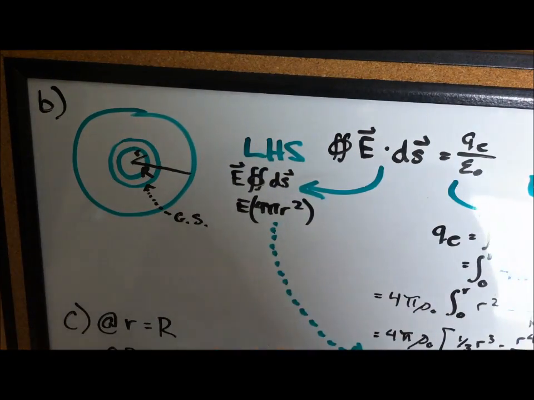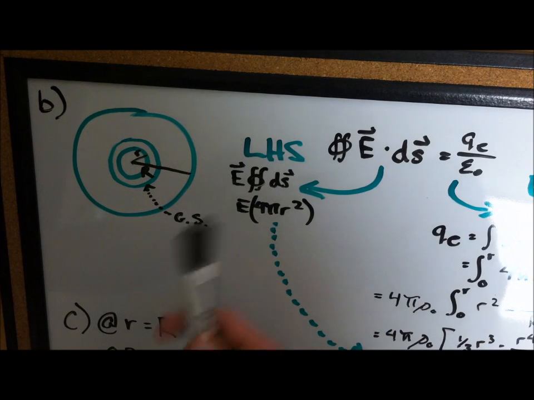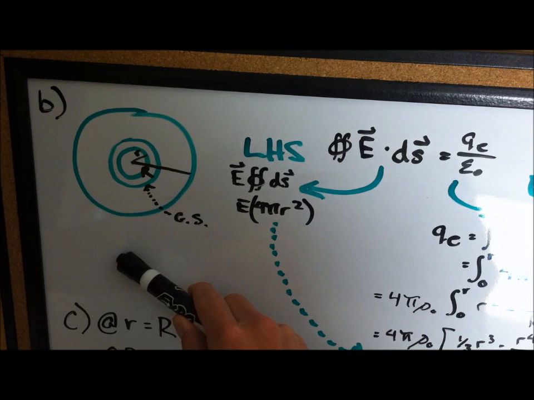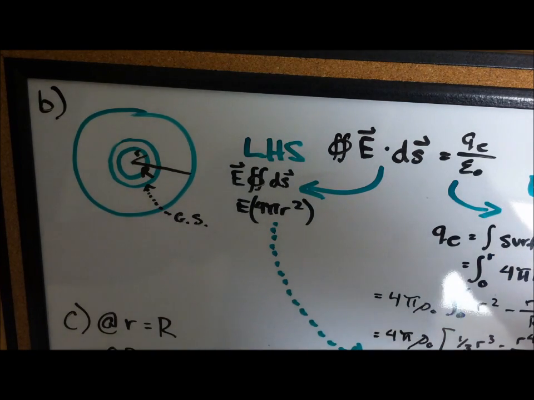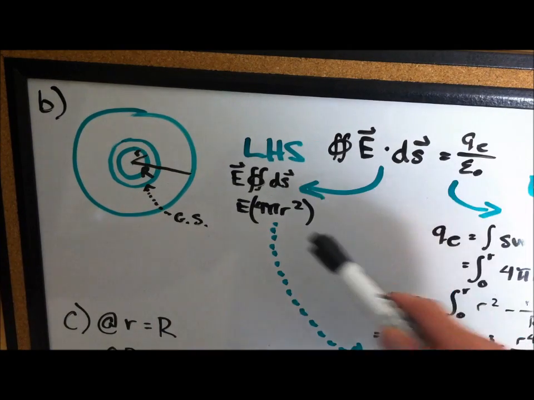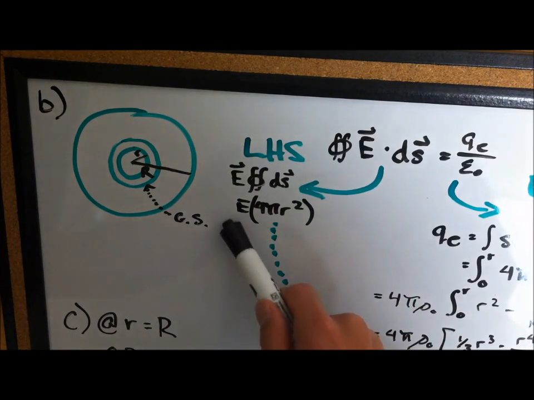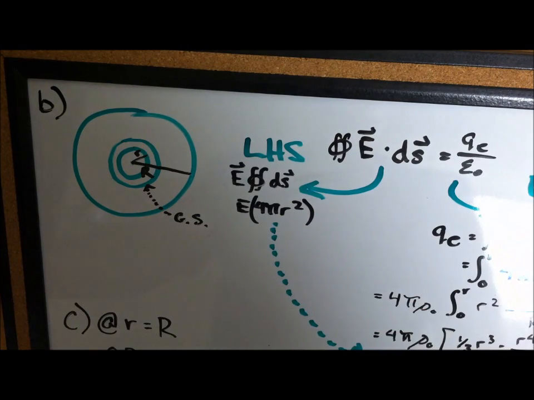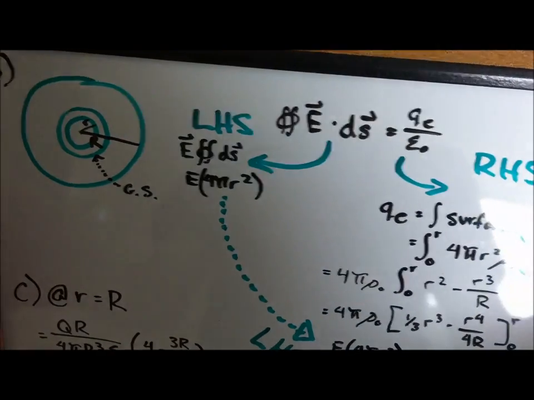E is going to be constant as we've dealt with spheres enough here, and the normal vector is going to be parallel with the electric field vectors coming out, so that allows us to say it's constant and pull it out. The dS is the surface of the sphere here, 4 pi r squared. We should be familiar with that by now.